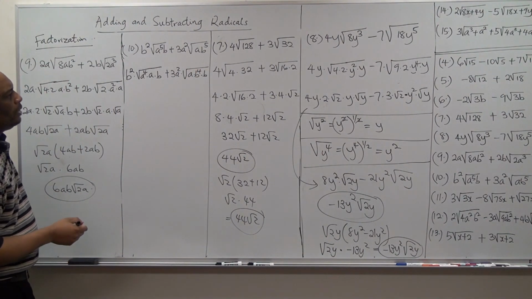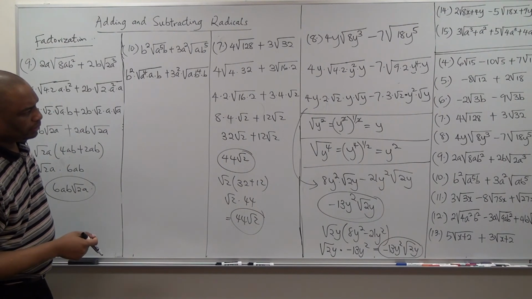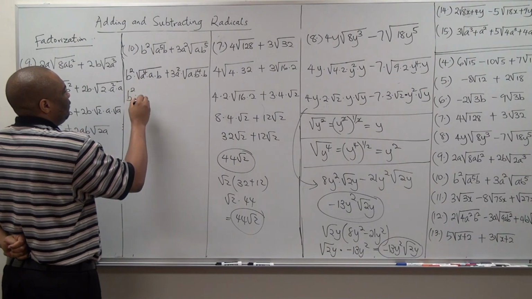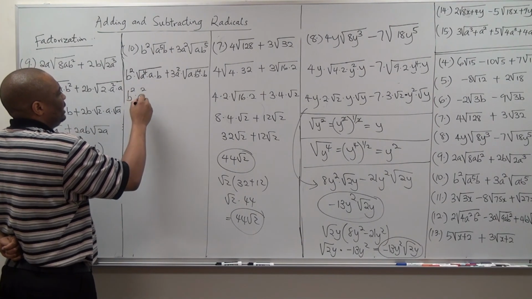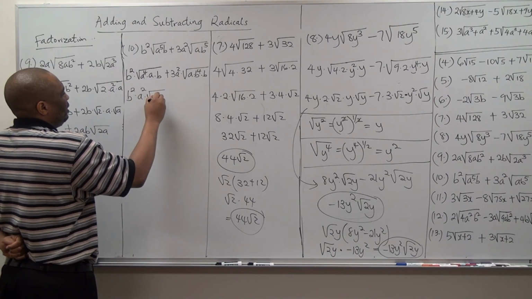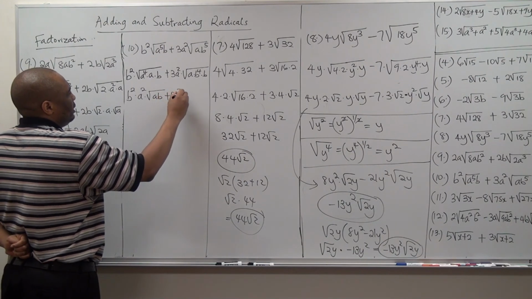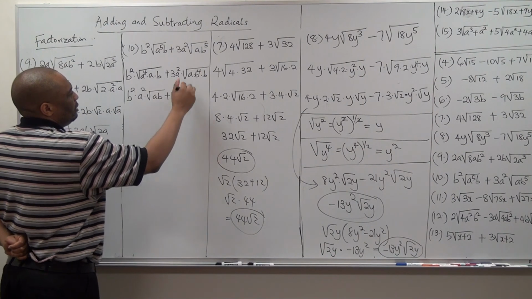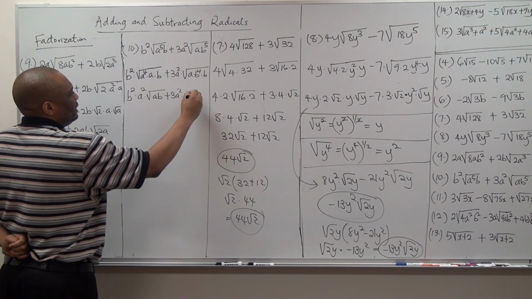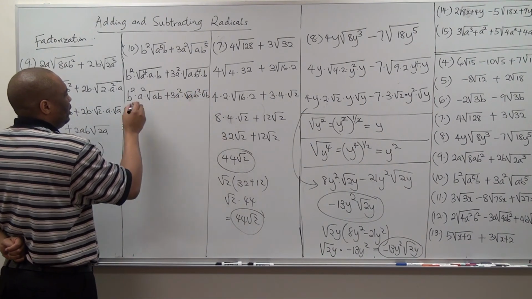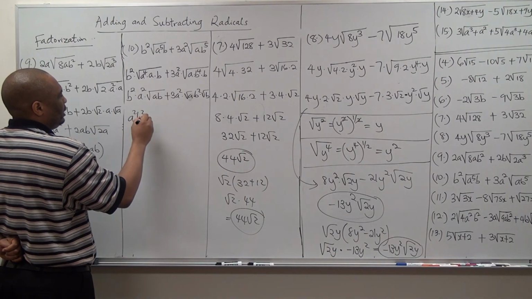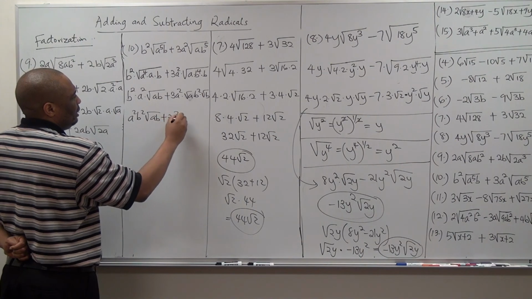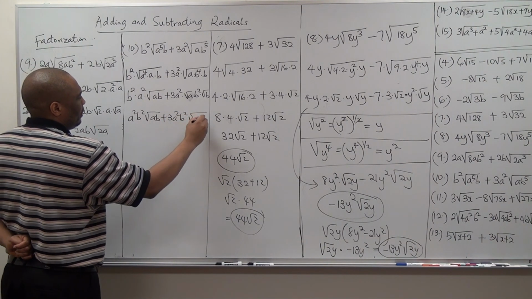So we now have b squared times a4, which if you break it down is a squared, times square root of ab, plus 3a squared times square root of a times b squared times square root of b. So this is a squared b squared square root of ab plus 3a squared b squared square root of ab.